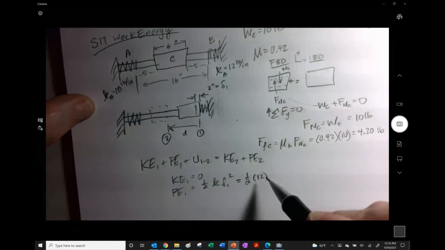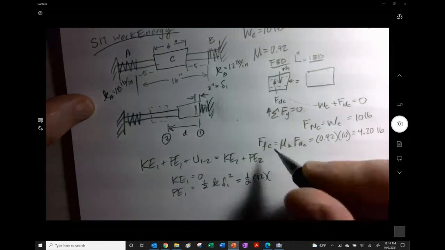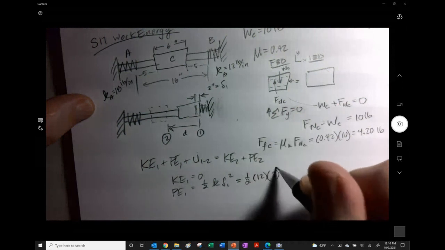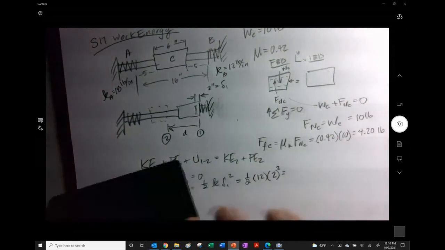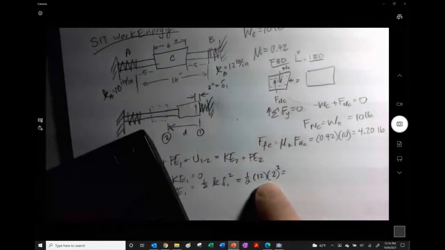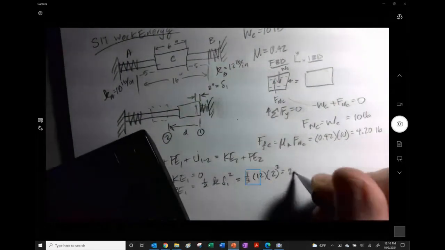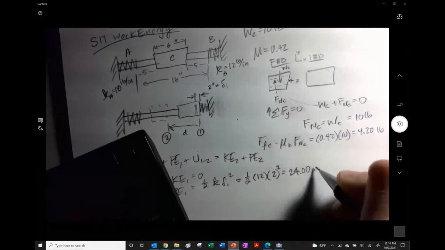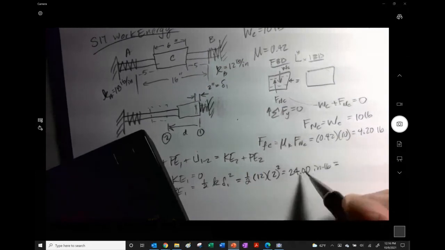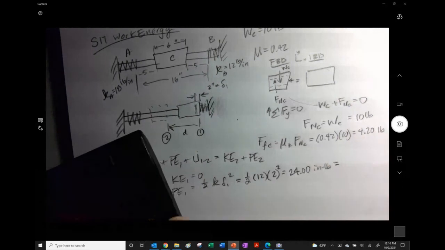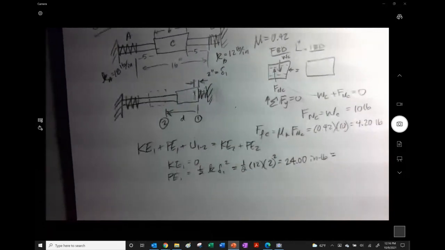Okay, I'll go ahead and do this, but we need to recognize when we're done that we're going to go 4 times, well, I guess it's going to be like 24, inch-pounds.